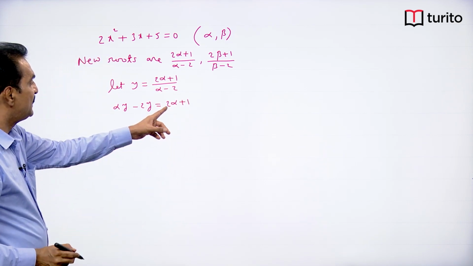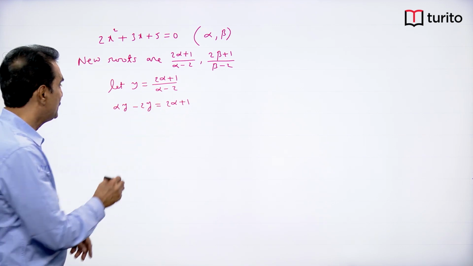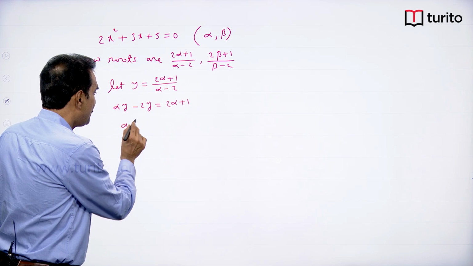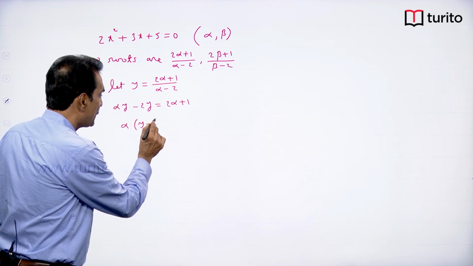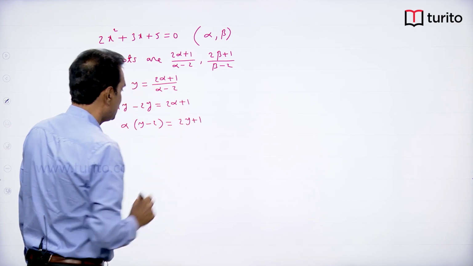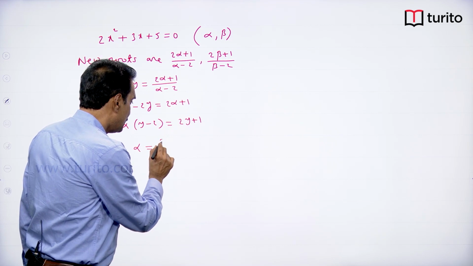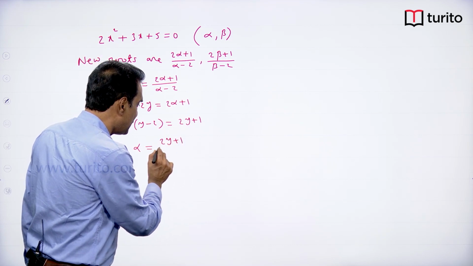And taking 2 alpha this side and minus 2y that side, you will get alpha into y minus 2 is equal to 2y plus 1. Then alpha is equal to 2y plus 1 by y minus 2.